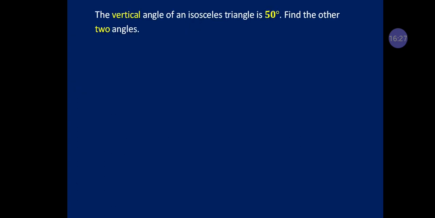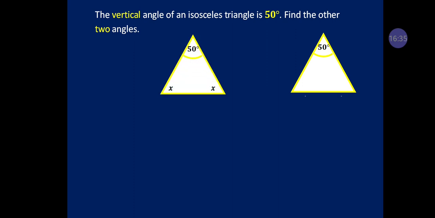The vertical angle of an isosceles triangle is 50 degrees. Find the other two angles. Now as you all know, the base angles of an isosceles triangle are always equal. So I named those two angles X and X, as they are base angles and they are equal. And you all know the sum of the angles of a triangle is always 180 degrees.